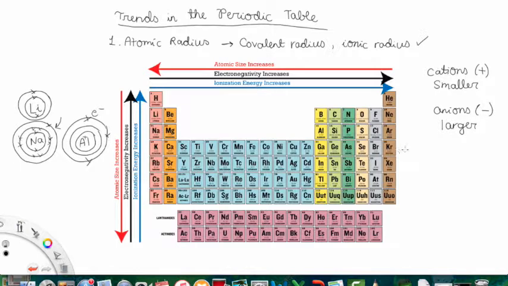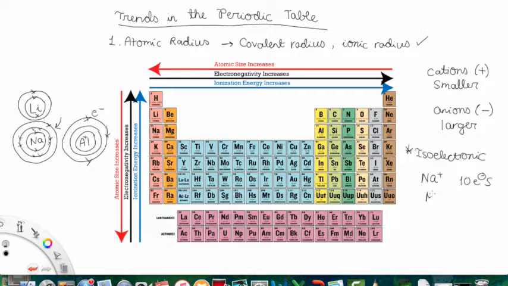So another term that I wanted to introduce is isoelectronic. This is when atoms and ions have the same number of electrons. An example of this is Na+. Sodium has 11 electrons usually, but plus means that it lost an electron, so it has 10 electrons.